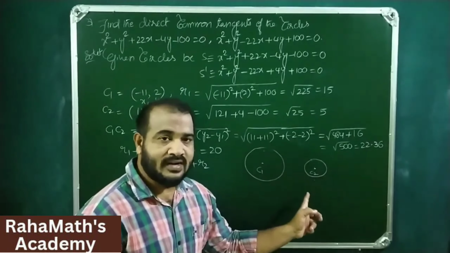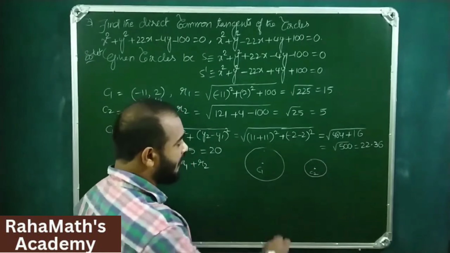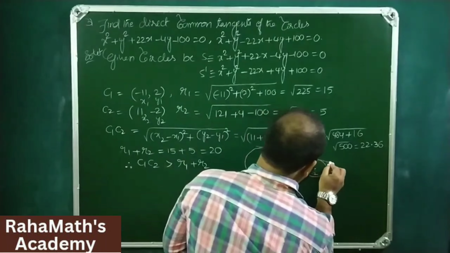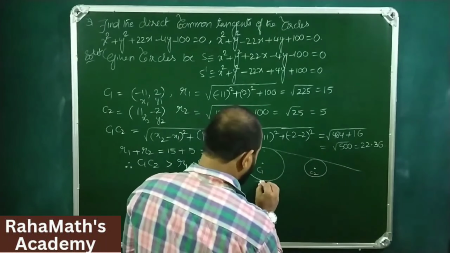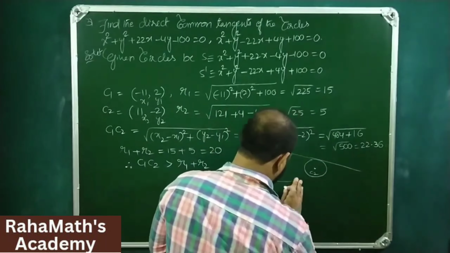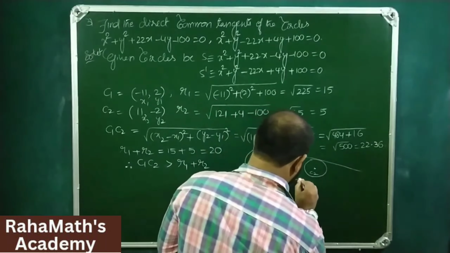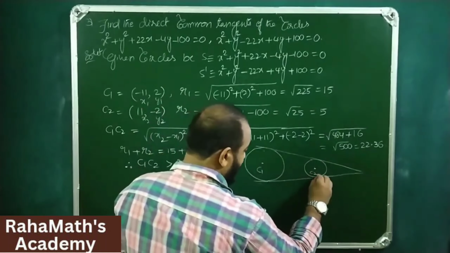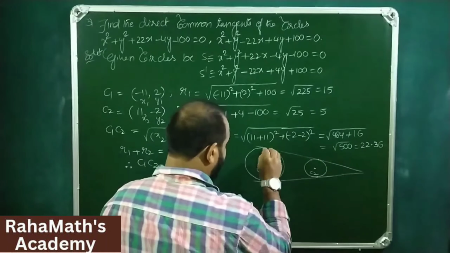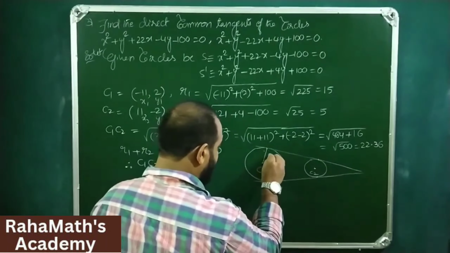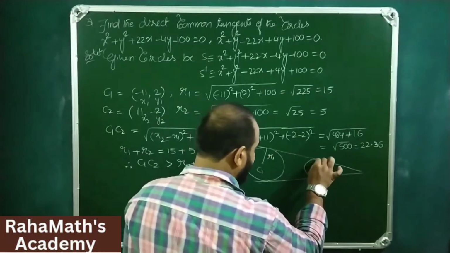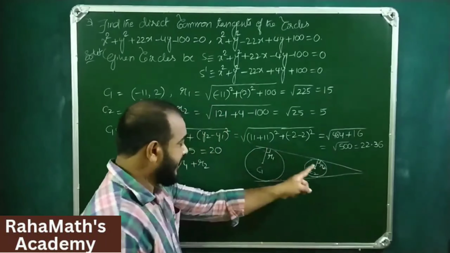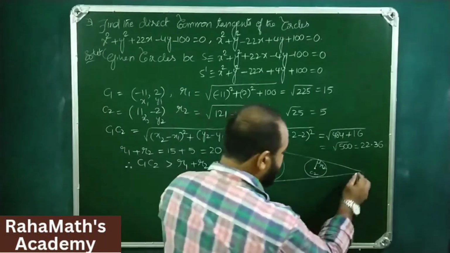So this is one direct common tangent, and this is another direct common tangent. This point and this point are the points of contact. So this is R1 and this is R2. The common tangent and the radius are perpendicular to each other.